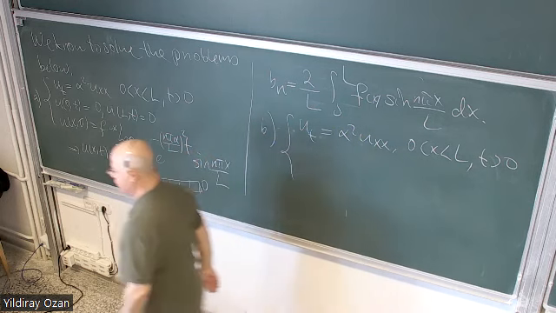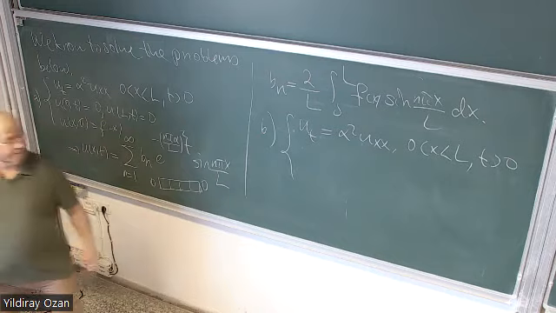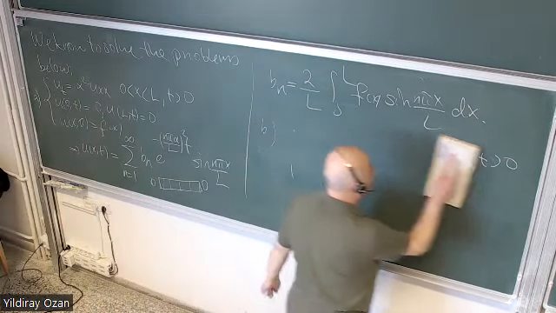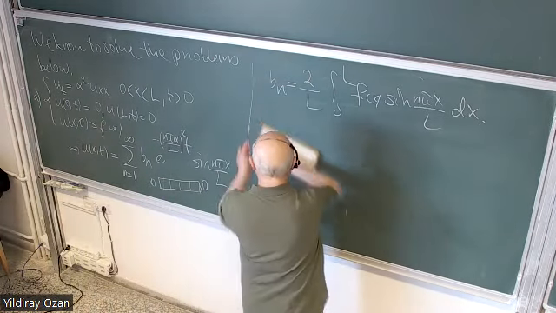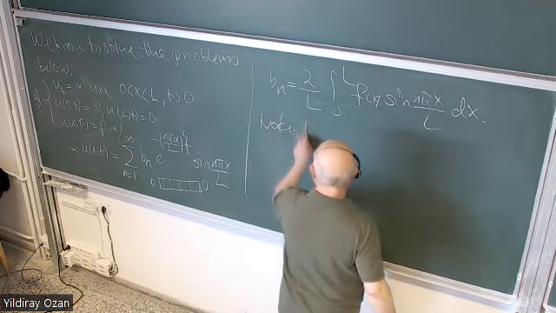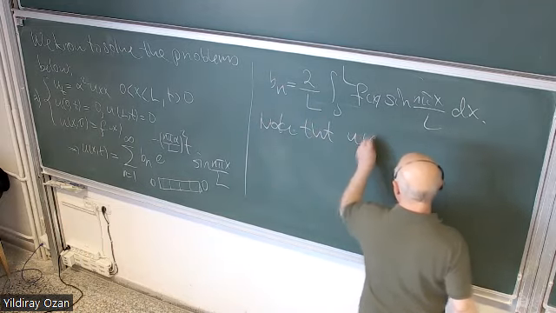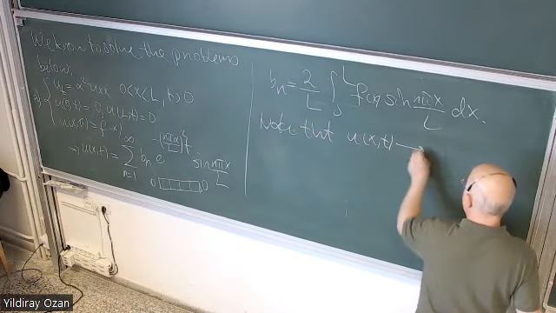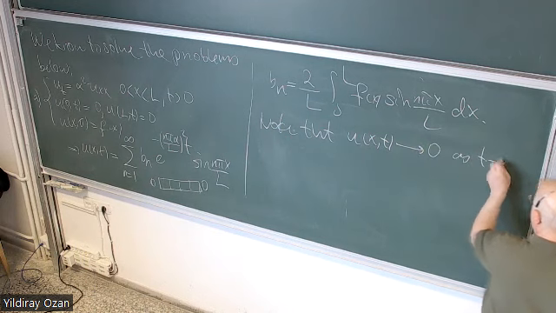So let me write it here. Note that u(x,t) goes to 0 as t goes to infinity.